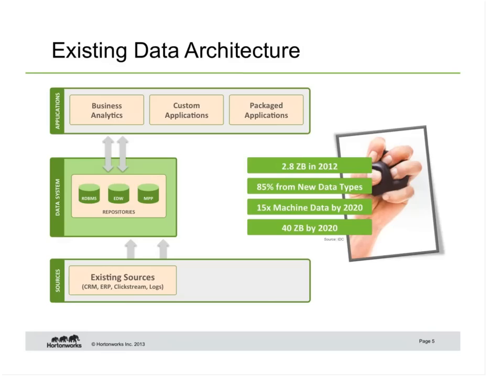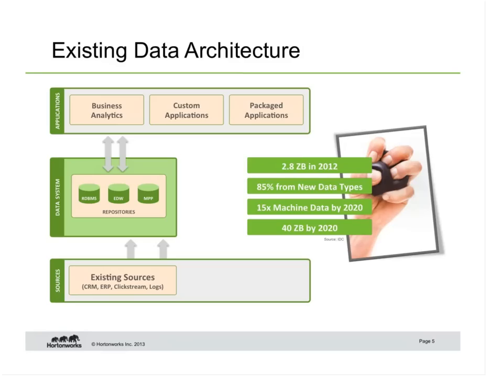Interestingly, 85% of it comes from new data types, meaning data types that organizations are looking to capture newly that they weren't capturing before, sometimes referred to as exhaust data. There's value in this data, and with the emergence of technologies like Hadoop, there's now the ability to extract that value. Most of it is from new types of data that don't really fit into this existing architecture.